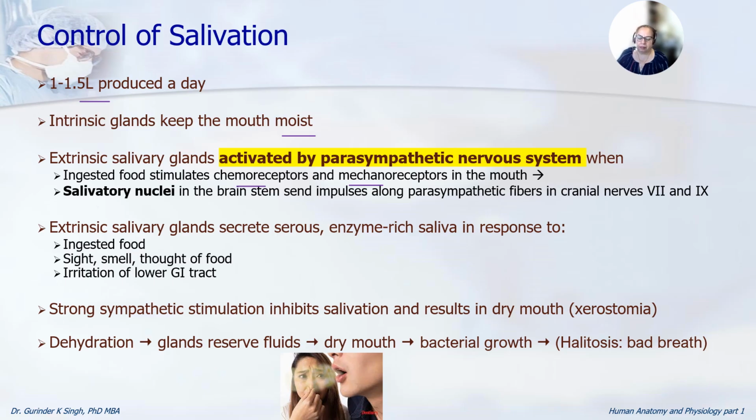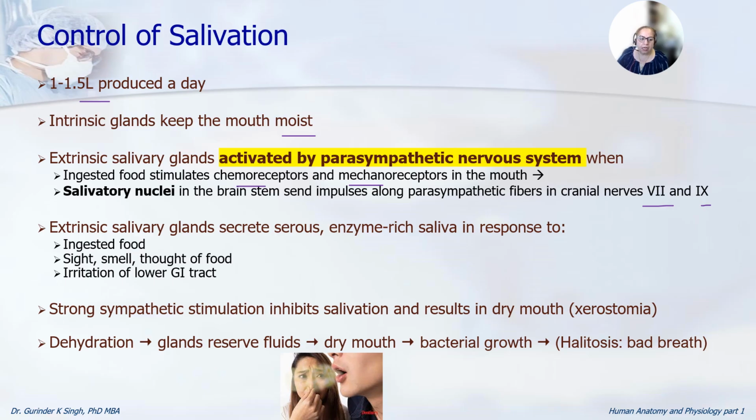Then the impulses will come through the parasympathetic fibers of cranial nerve 7 as well as number 9. The extrinsic salivary glands are serous glands, which means they produce an enzyme-rich saliva. And as I mentioned earlier, that can be because of the sight, smell, or even thought.